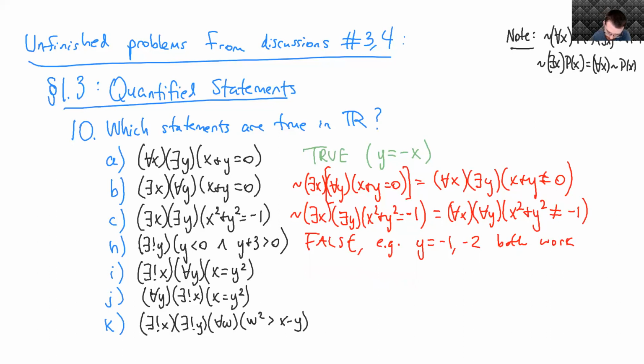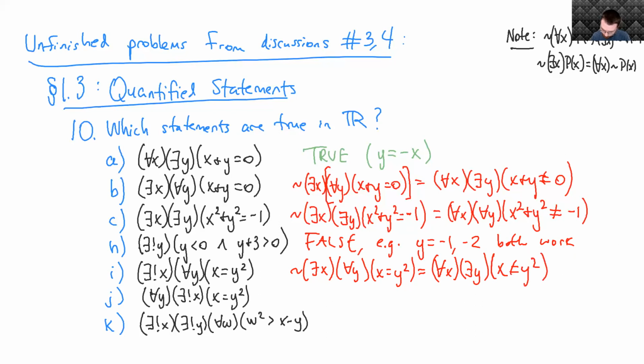What if I just had the statement, there exists an x such that for all y, x equals y squared. Okay, so that's simplifying a bit. I've removed the uniqueness claim, but let's negate that and see what happens. So the negation there would be for all x, there exists a y such that x is not equal to y squared.